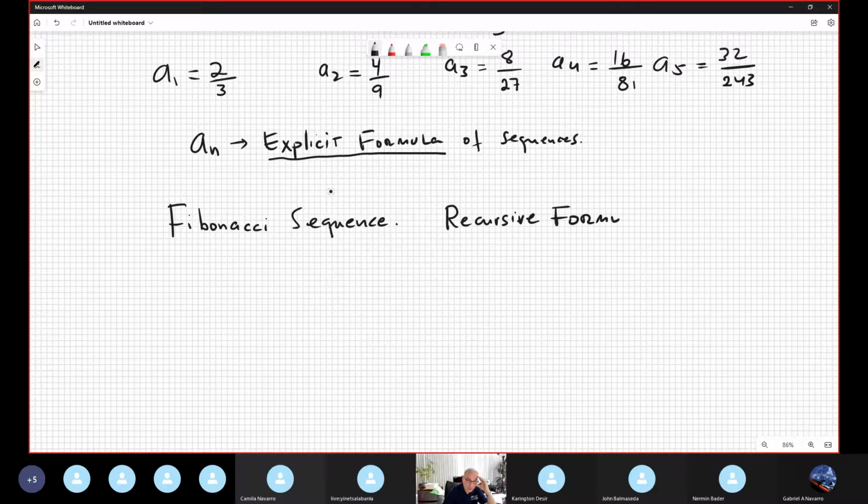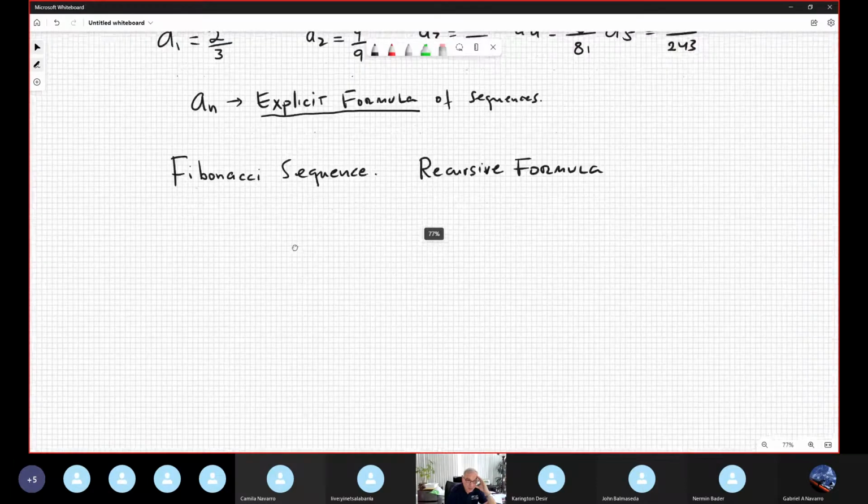Let me explain the idea behind the recursive formula. To explain the Fibonacci sequence, suppose, guys, that we have animals. The example in the book is always rabbits, but okay, it's an animal.